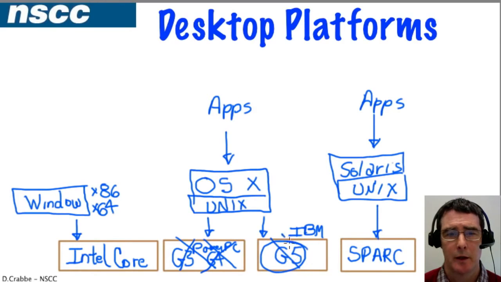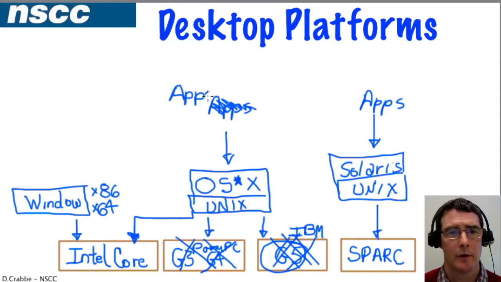So they eventually dropped the G5 and they ported their entire operating system to the Intel Core family of CPUs. And what this meant was that they had to modify their operating system and redesign their apps.